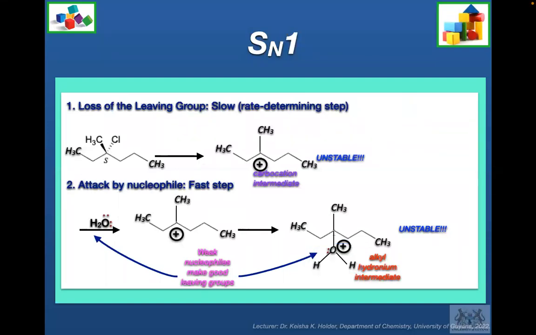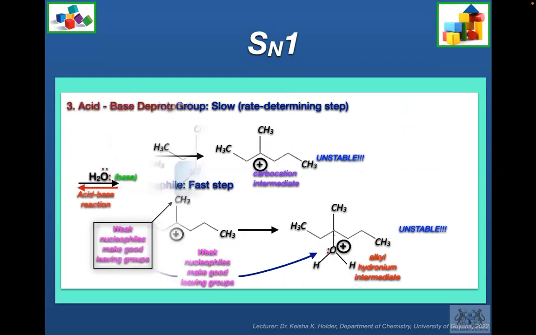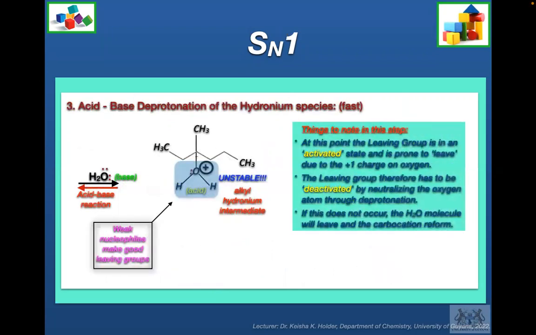So the next step makes sense in the sense that we have to now change our leaving group that just recently attached itself to the carbocation. We now have to reduce that ability, minimize it so that it's not as good a leaving group as it currently is, so that the reaction can continue to proceed forward.